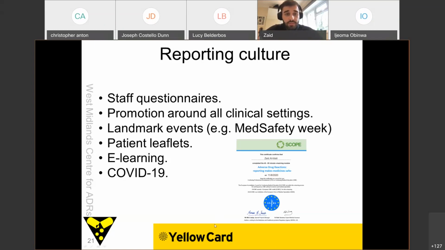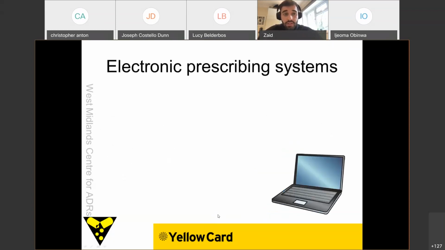It's quite a modern, recent thing that can help professionals build up their portfolio and their knowledge about not only ADR and yellow card reporting, but all kinds of things related to their personal development. And then towards the end, I also talk about COVID-19, the impact it's had and the potential opportunities created for ADR reporting and medicine safety as a whole.